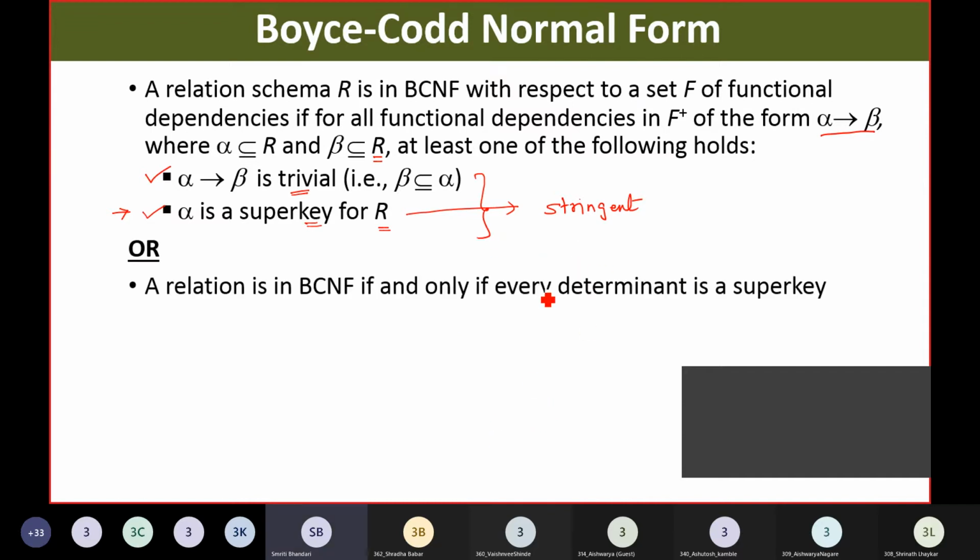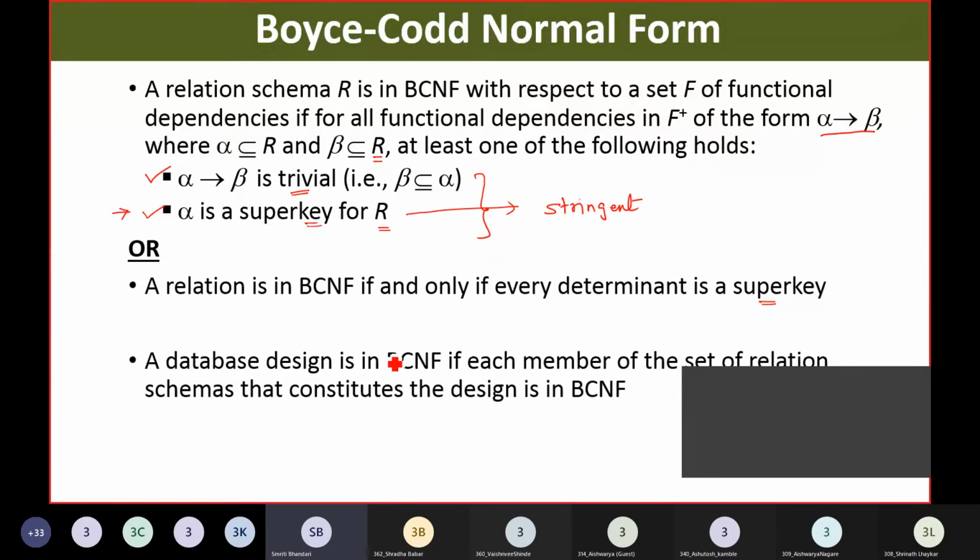Okay, so in other words, we may write this definition as: a relation is in BCNF if and only if every determinant is a super key. In simple words, we may say that. Further, the entire database design is in BCNF if each member of the set of relation schemas comprising this database design is in BCNF.